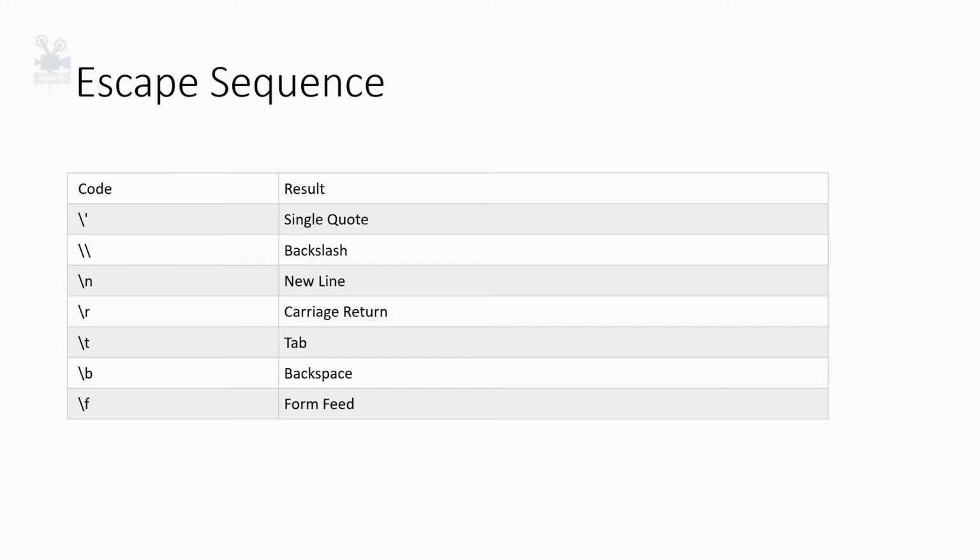If you want to include a backslash, you would use backslash twice. If you want to say hello on one line and world on the next line, you would use a backslash n. And if you want to include a tab, you would use backslash t. So we'll practice this now.